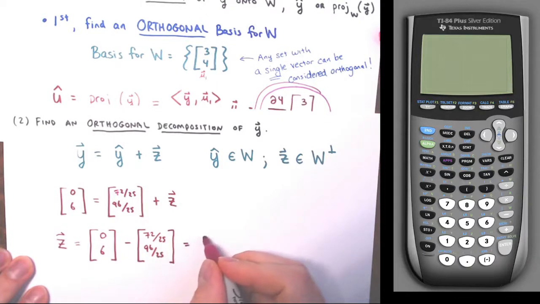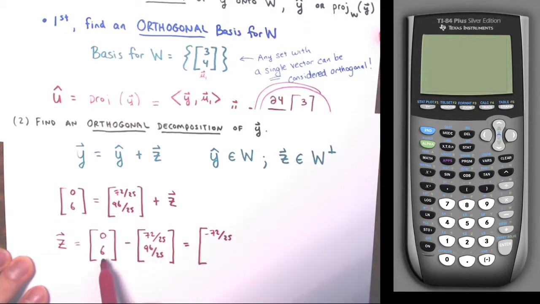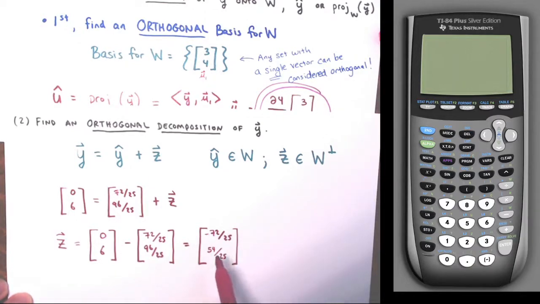So we're getting first component negative 72/25, and then 6 is 150/25, minus 96/25 would be positive 54/25. Alright. Let's see how this looks when I go to graph it.